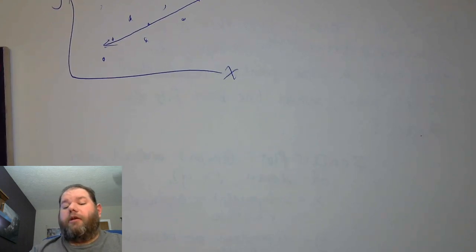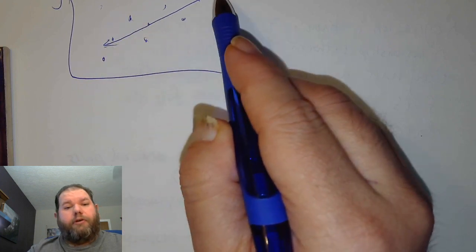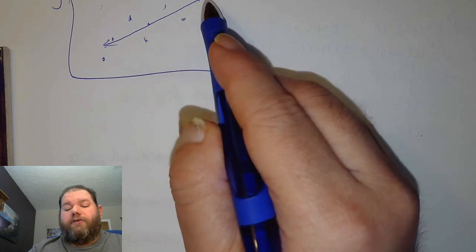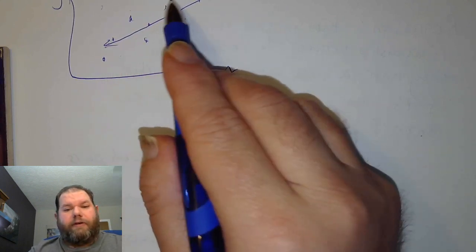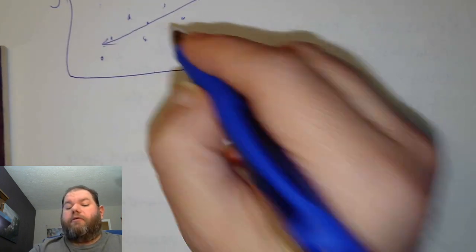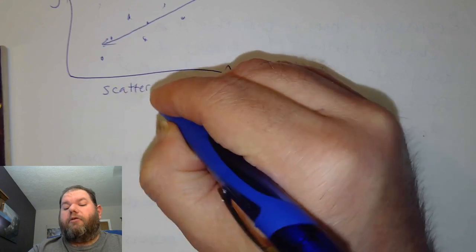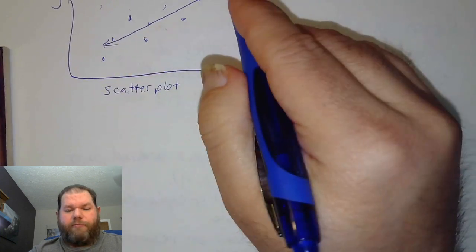And so we see with our points that we have a general trend upward to the right. And so it seems like a line such as this might be a pretty good indication of what's happening with these coordinates. So we have a scatter plot with a regression line superimposed, basically.